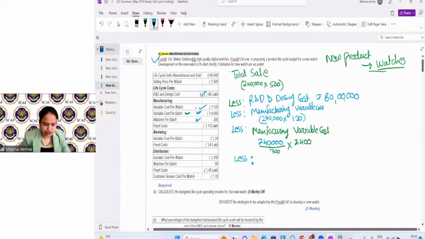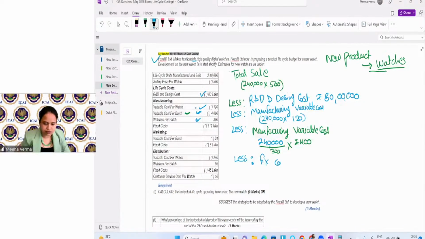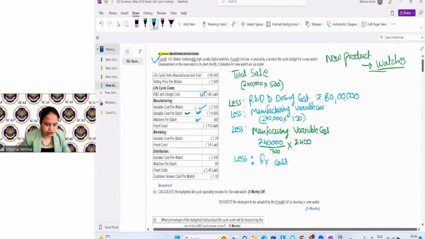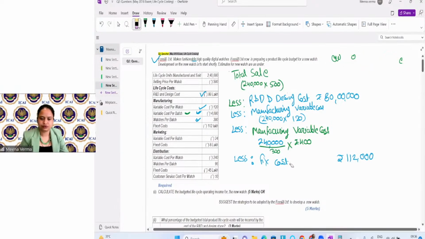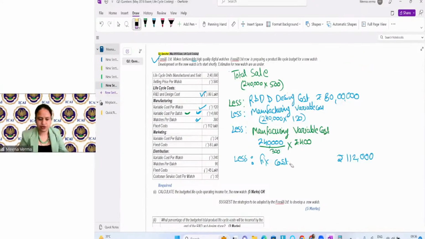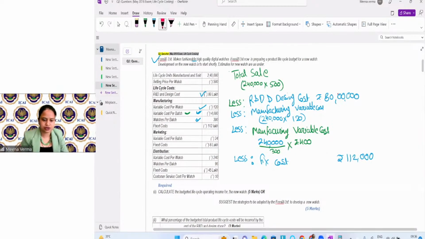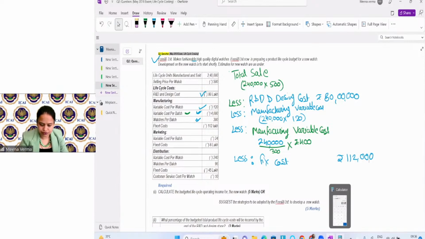What is the fixed cost here? Rupees 112. This is the fixed cost. All right, let's solve it. I'll be using this.